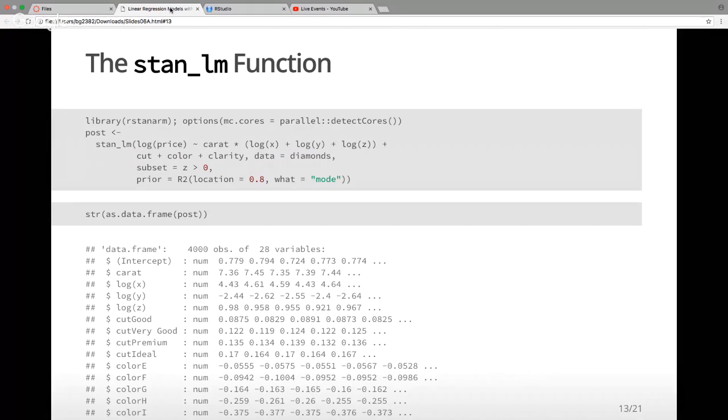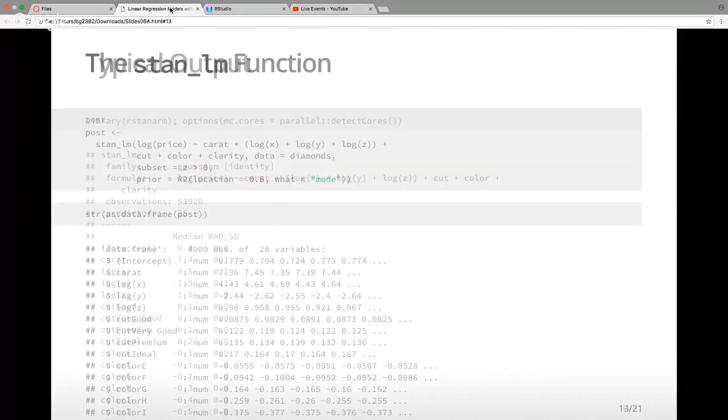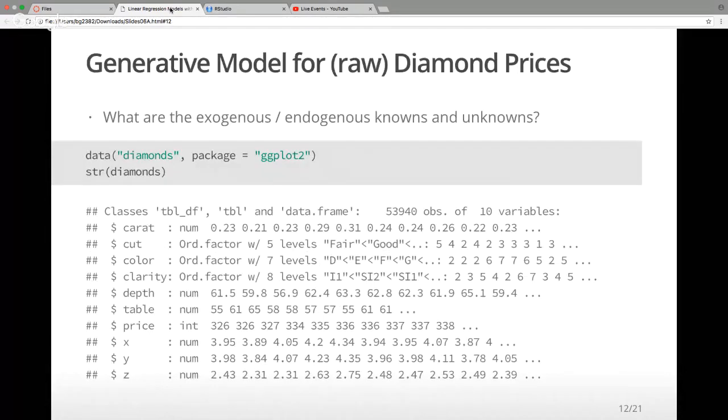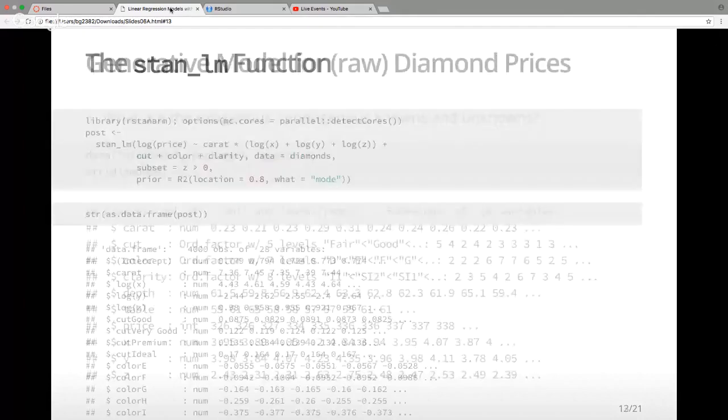But anyway, you have access to all the original draws. Don't forget that. The color thing is a factor with colors D, E, F, G, and something else. Yeah. So it's going to make this into 6 dummy variables. Cut is, I think, easier. Fair, good, really good, super good, etc.